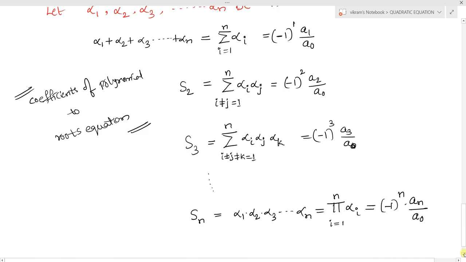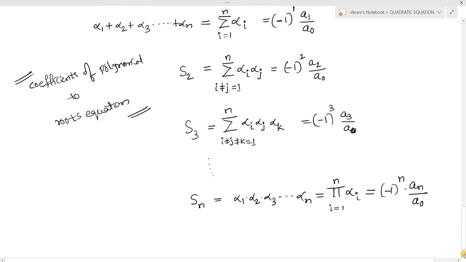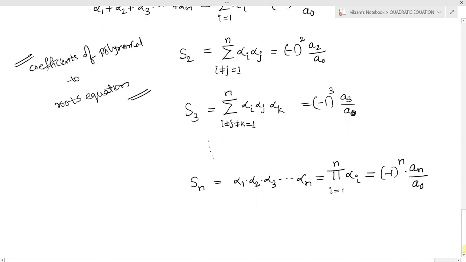For example, consider 3x^17 plus 9x^4 minus 11 equals 0. This is a polynomial equation of degree 17, and we are asked to find the product of the roots.